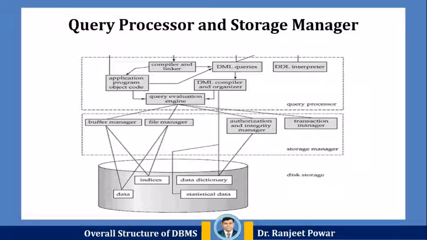That is, if the database was consistent when the transaction started, the database must be consistent when the transaction successfully terminates. The transaction manager ensures that the database remains in a consistent state despite system failures and transaction failures.